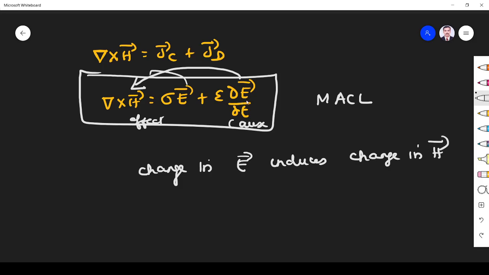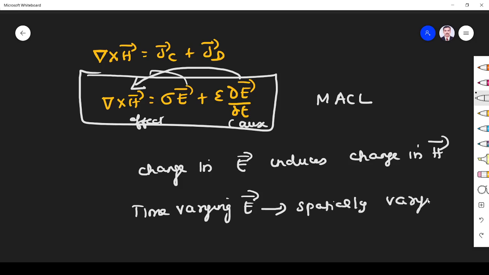That is, electric field is varying with respect to time. That is, a time varying electric field will induce, del is a spatial operator, we know, a spatially varying magnetic field, or a time varying electric field induces a circulating magnetic field, since del cross H is circulation, curl.